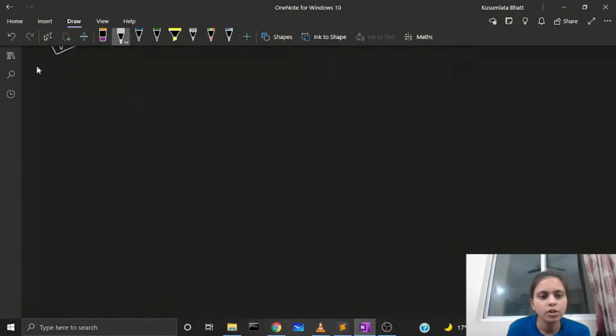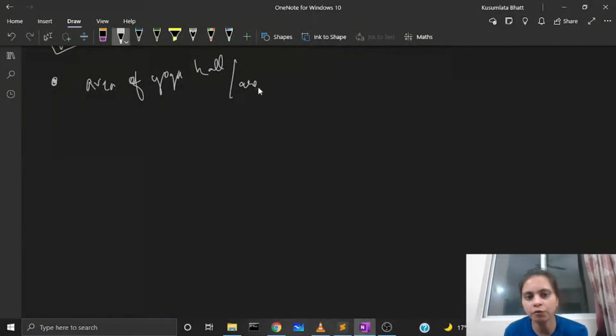Now let's have a look at some of the common mistakes that you can make here. One mistake is in calculating the number of yoga mats we can put here. What we might have in mind is that we simply divide the area of the yoga hall by the area of the yoga mat. Why is it not true?